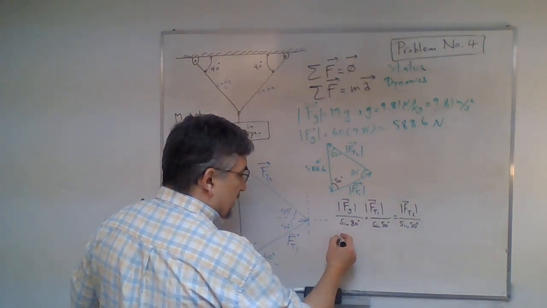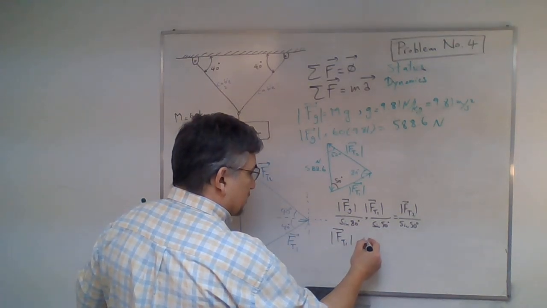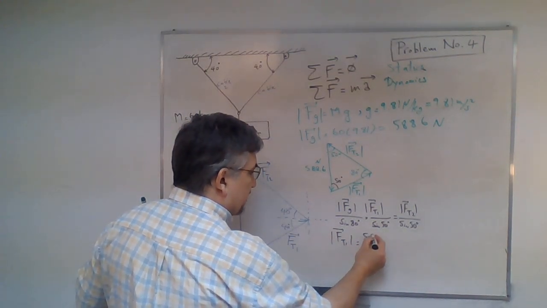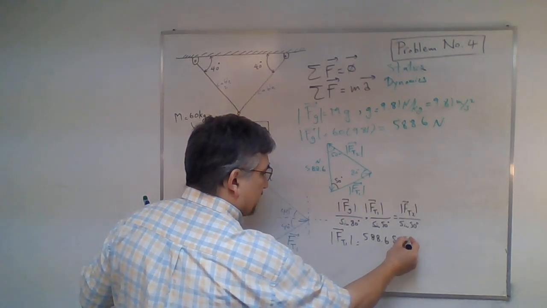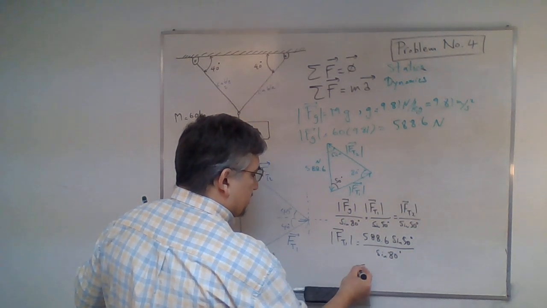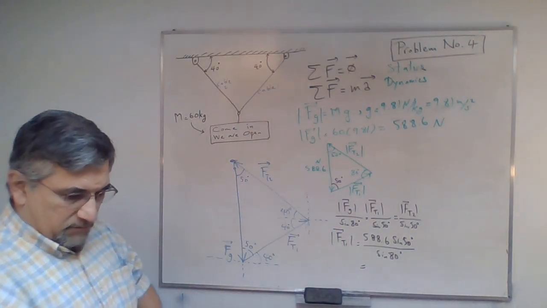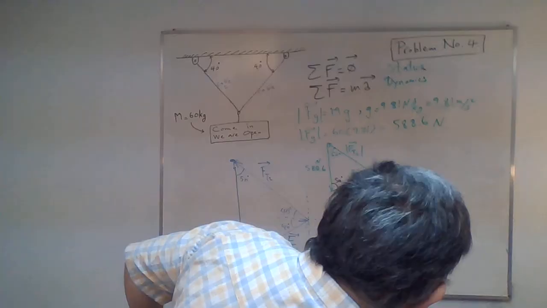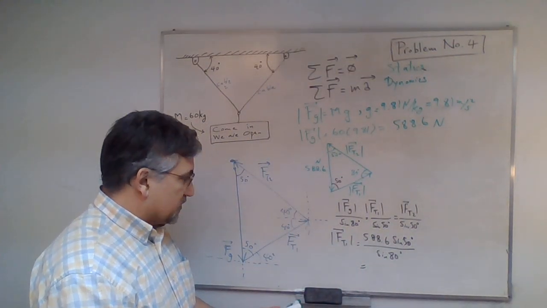So from here, we can say Ft1 is equal to force of gravity, 588.6, times sine of 50 divided by sine of 80 degrees. So doing the cross multiplication, and we just need a calculator to figure out how much the answer will be.